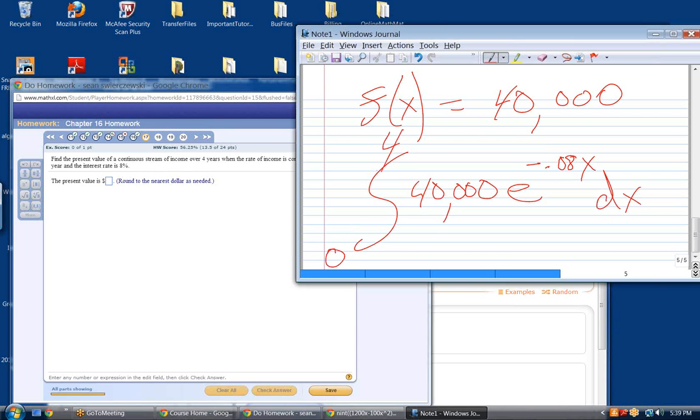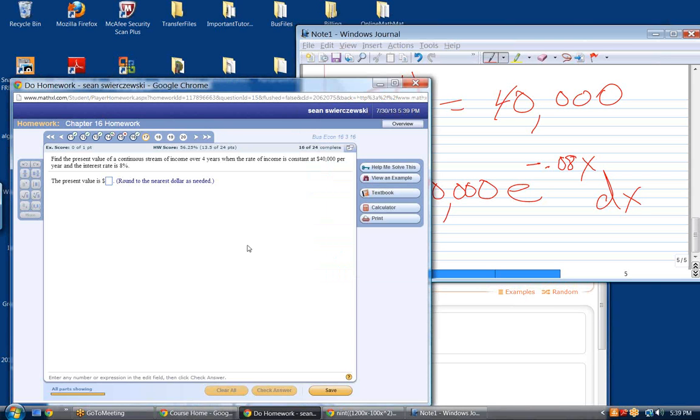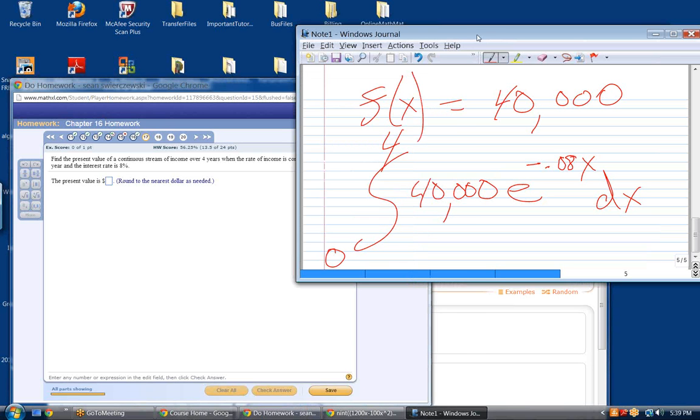Will you jump to the homework so I can just read the rest of that problem, please? Yeah, present value should be the same function. So you want to do this on your calculator? Yeah, I can.